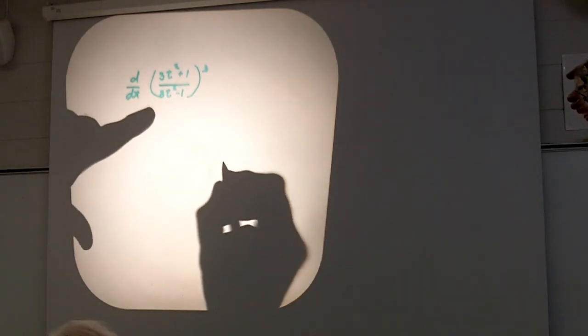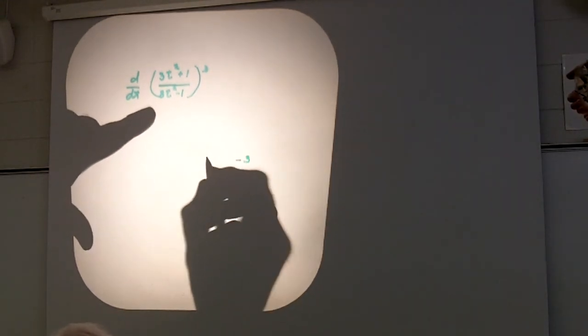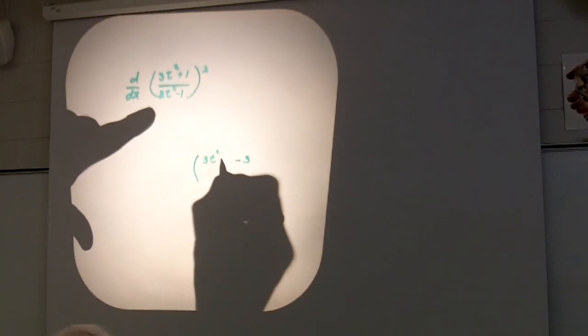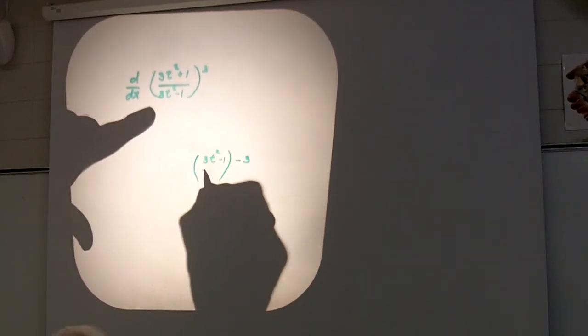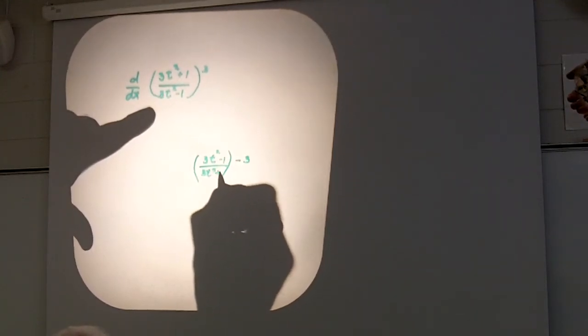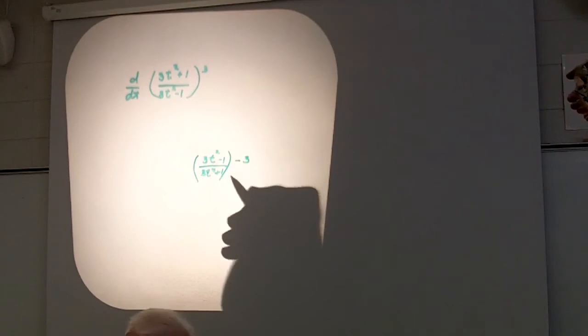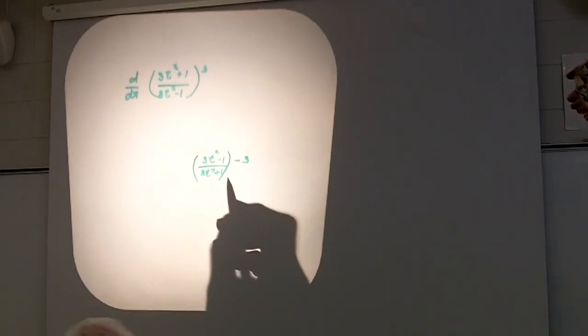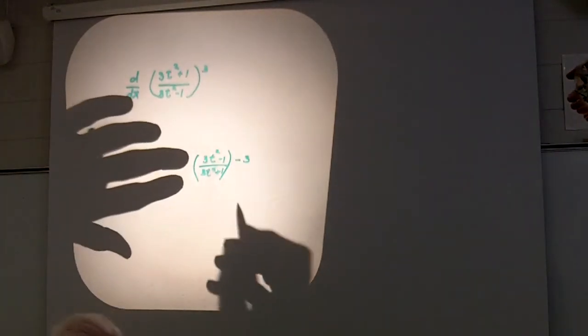Then let's do it this way. Negative 3 times 3t squared minus 1, and this is supposed to be up at the top here, 3t squared plus 1. Okay, now, I can do this quite easily.